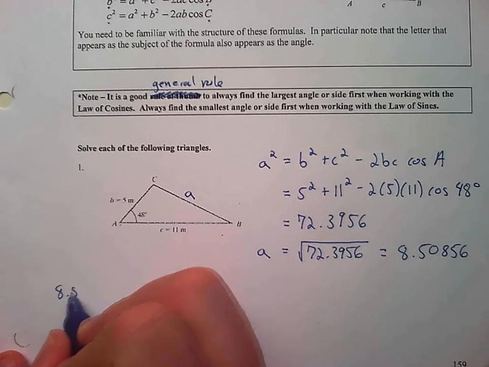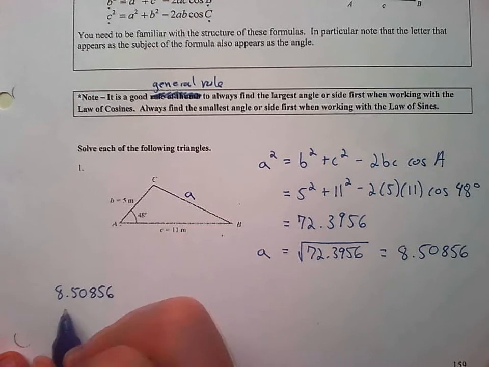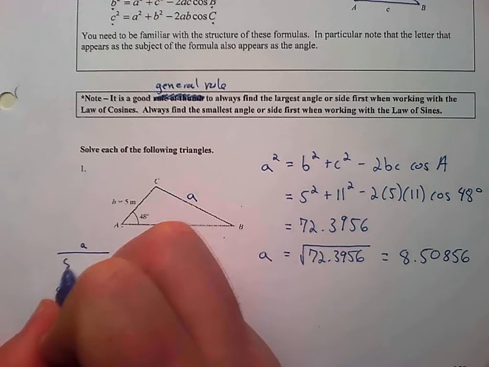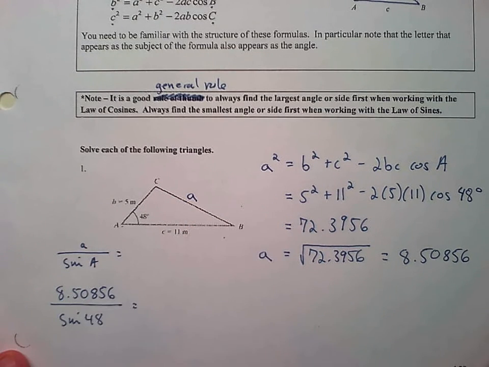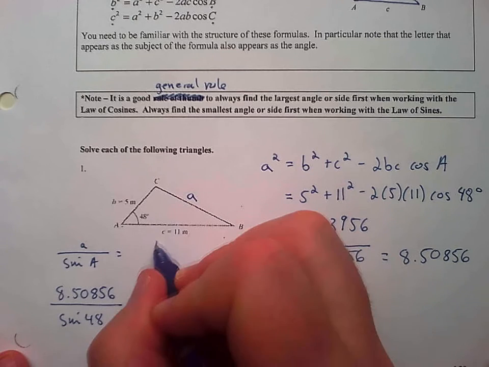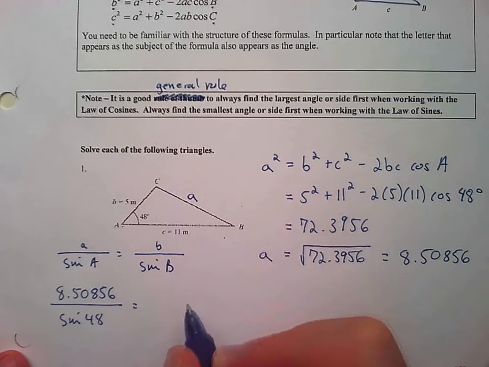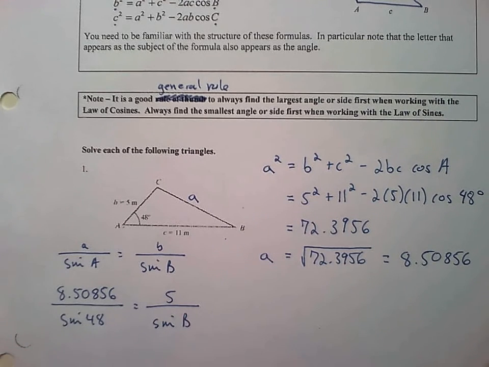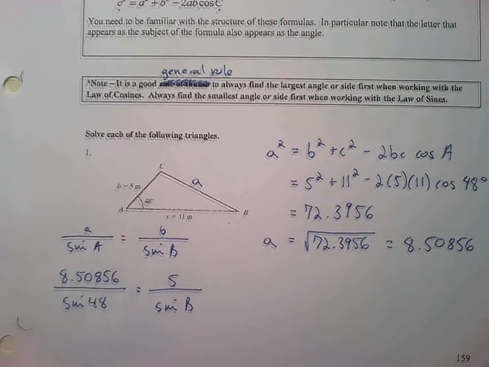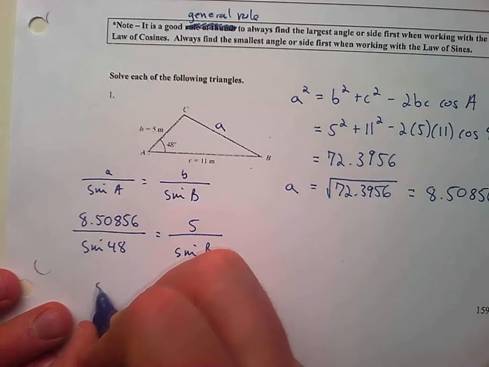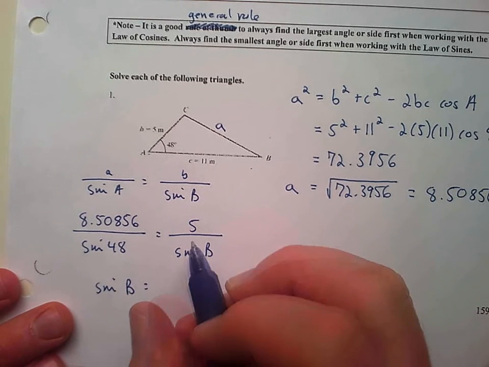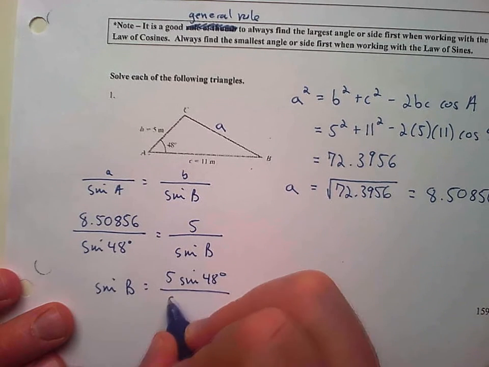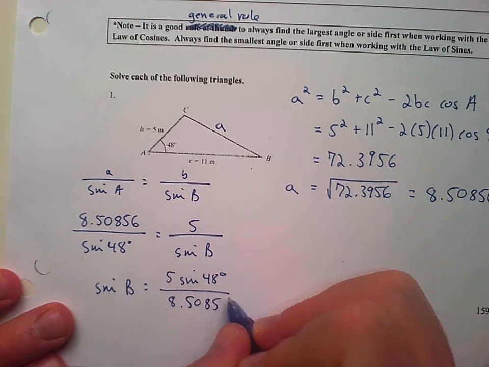So we'll have 8.50856 over the sine of 48, which is simply A over sine of A, equal to B over the sine of B, or 5 over the sine of B. If we solve for the sine of B, we'll have sine of B is equal to 5 times the sine of 48 degrees divided by 8.50856.